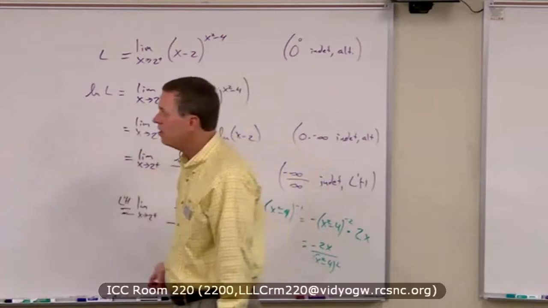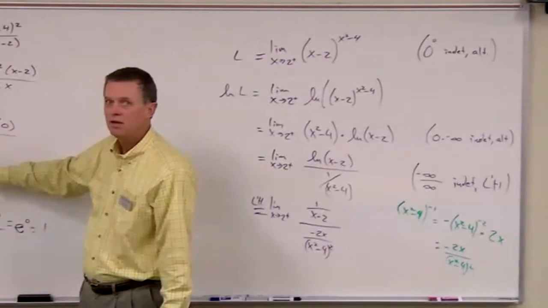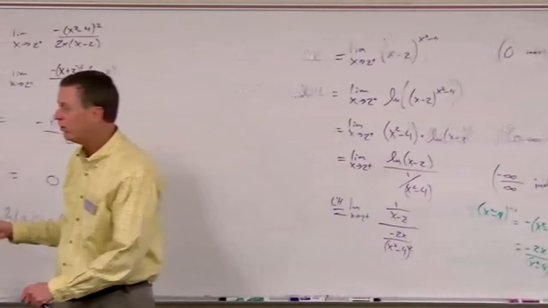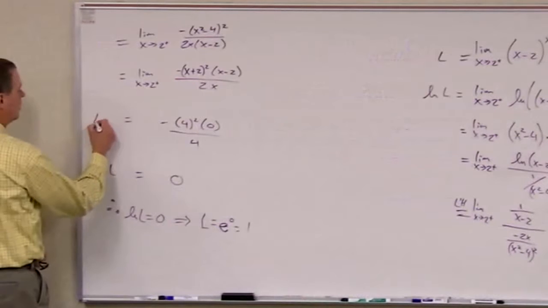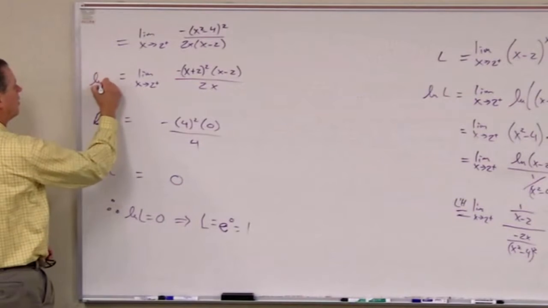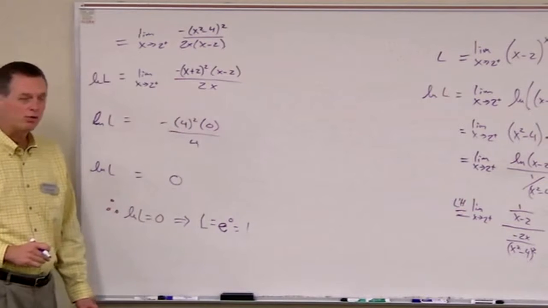Well, starting back at the beginning, I had log of L is equal to all of these equal signs here along this side, all technically equal to log of L, and so on. After the second step, all of them are log of L is equal to.